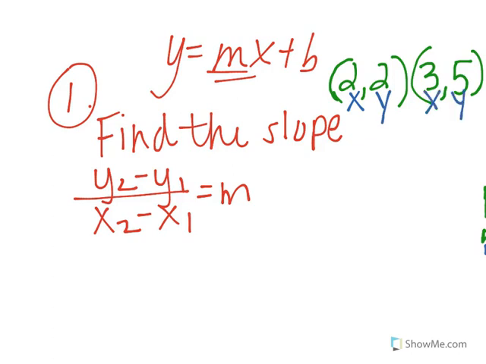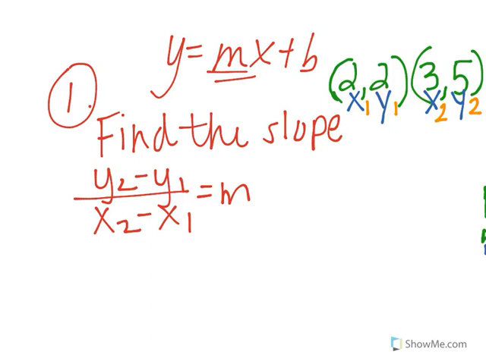This is your first coordinate, so it's going to be x1, y1, and x2, y2. We label those because that's your first coordinate, x1, y1, and that's your second coordinate, x2 and y2. Now we're going to plug them into this equation.